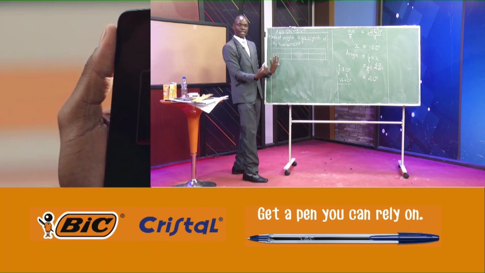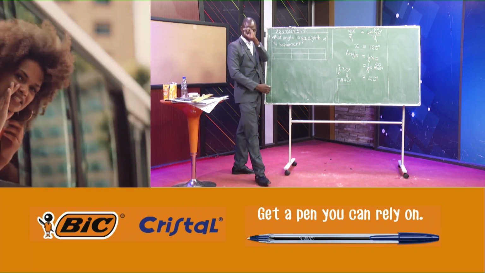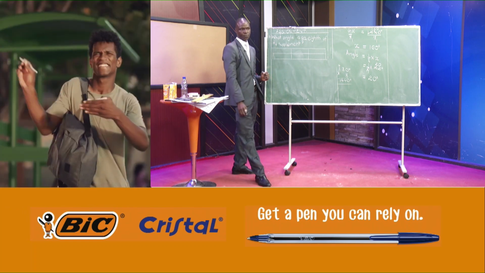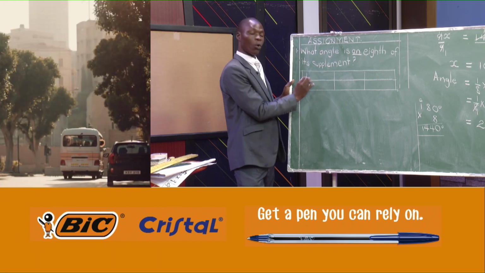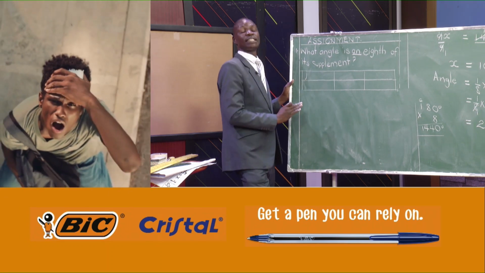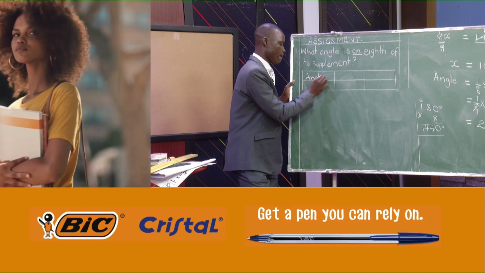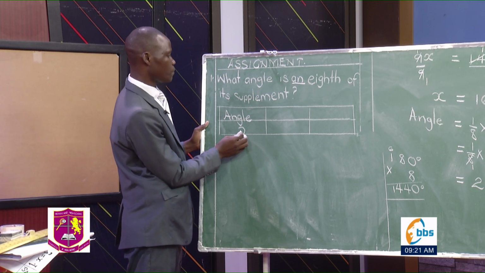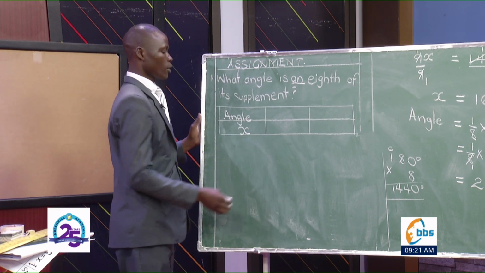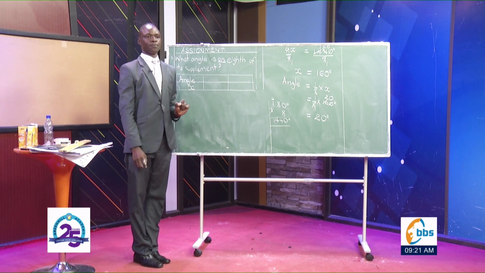So we can say, let this angle be x. We can this time begin with the angle according to the way you will interpret it. Let this angle be x.